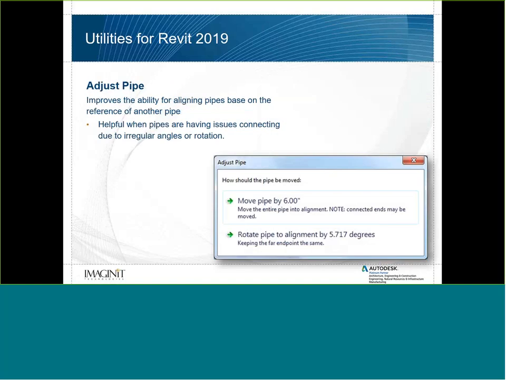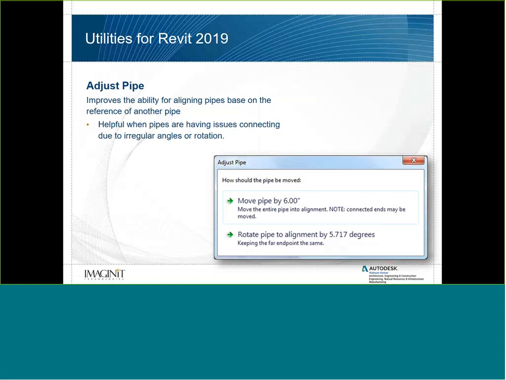A couple of the Revit MEP tools we have. First of all, it's called an adjust pipe tool. This is really helpful when you're having to make adjustments inside of your model. Sometimes you have fittings that don't work only because the pipe is not at an angle that can work, and it might be off by just tenths or hundredths of a degree, or sometimes it needs to be rotated in a certain way.